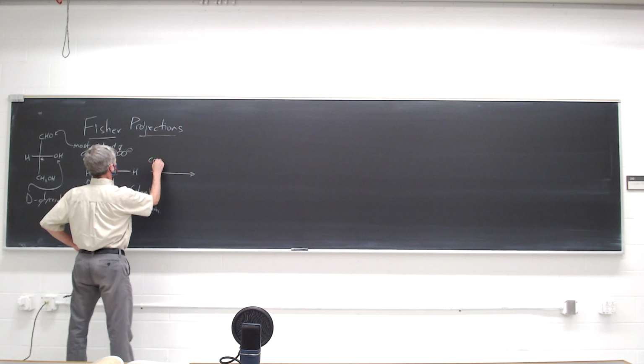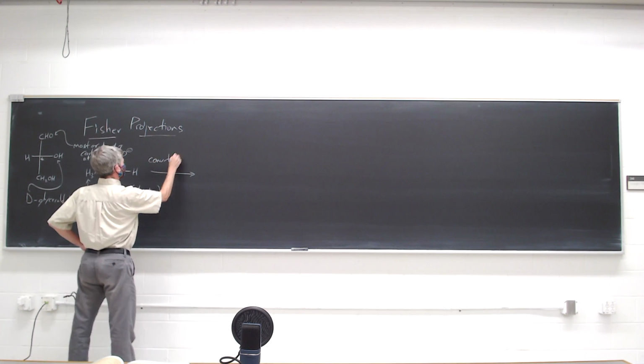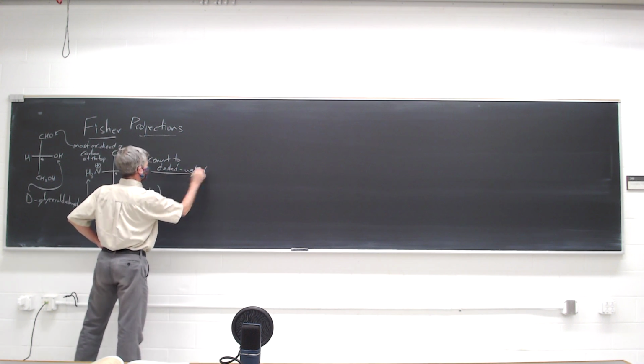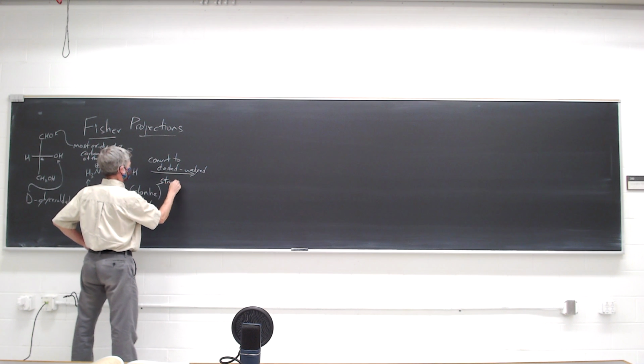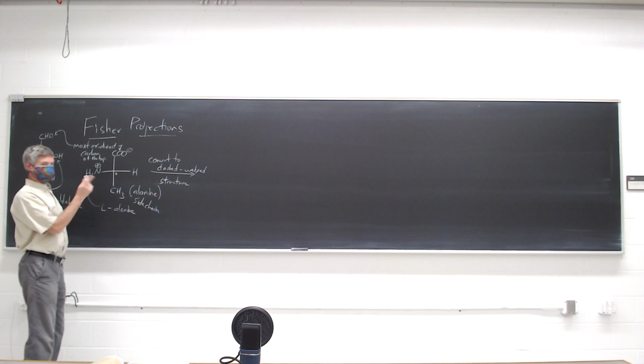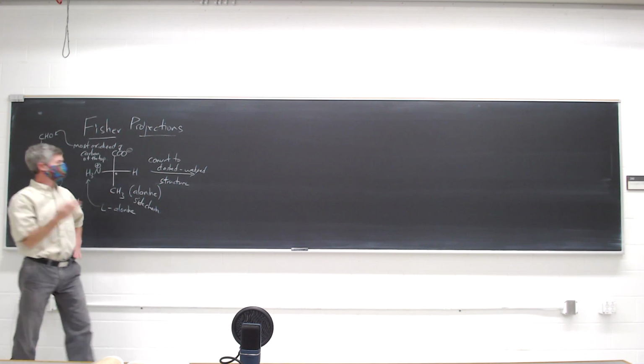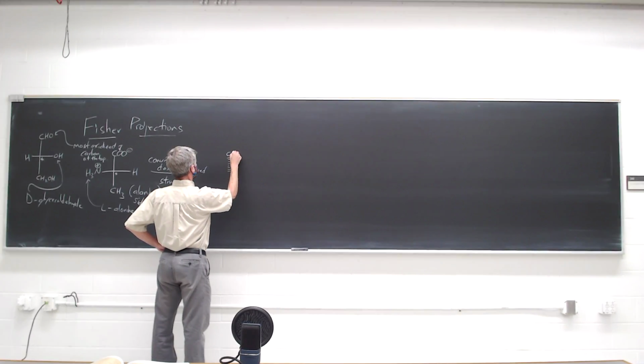So we need to convert to the dashed wedge structure. And the way to do that with the Fisher projection is to recognize that the things that are on the vertical are going back into the plane of the board, or behind the plane of the board.